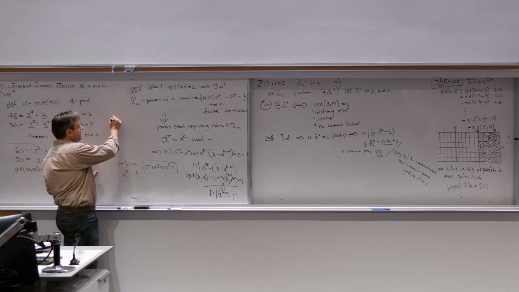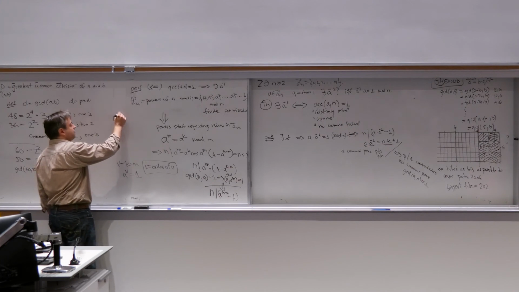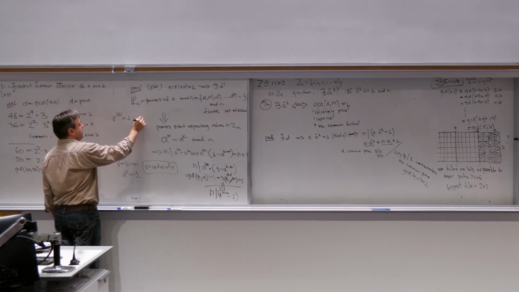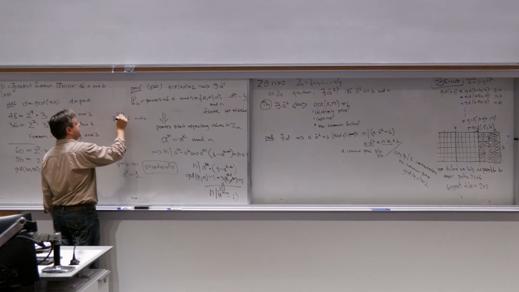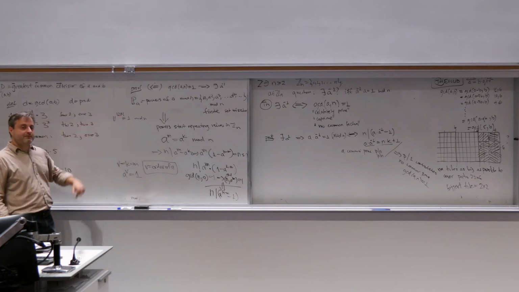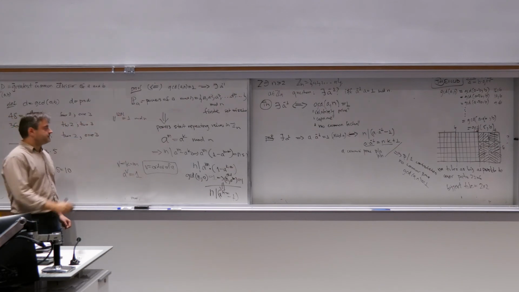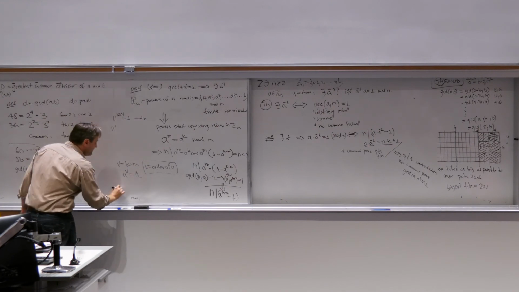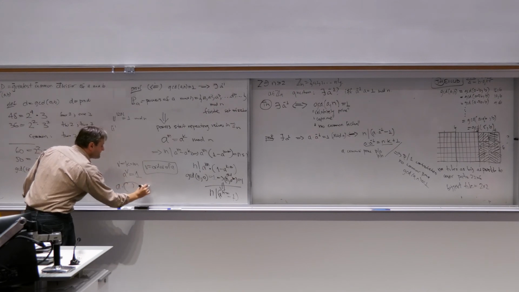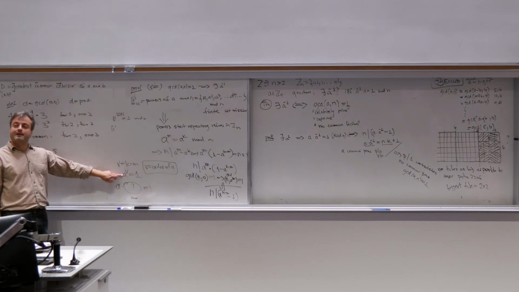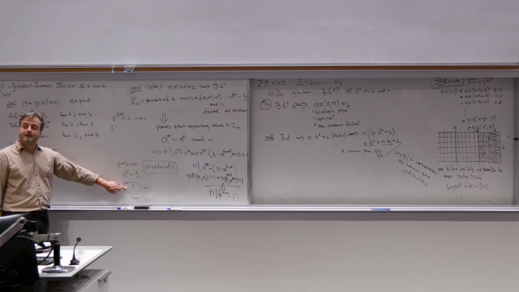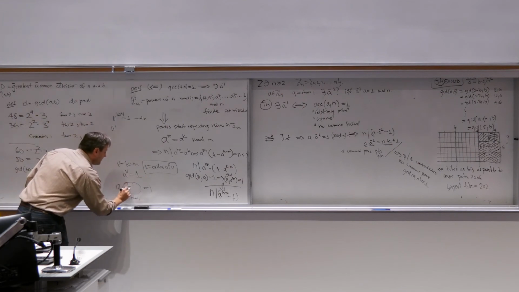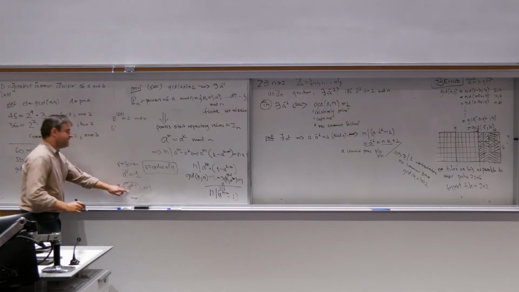If I tell you 11 to the power 1201 is 1 modulo n, 11 times what is now 1? If a^v is 1, what do I need to put here? a^(v-1). Very good. a^(v-1) is now the inverse of a.